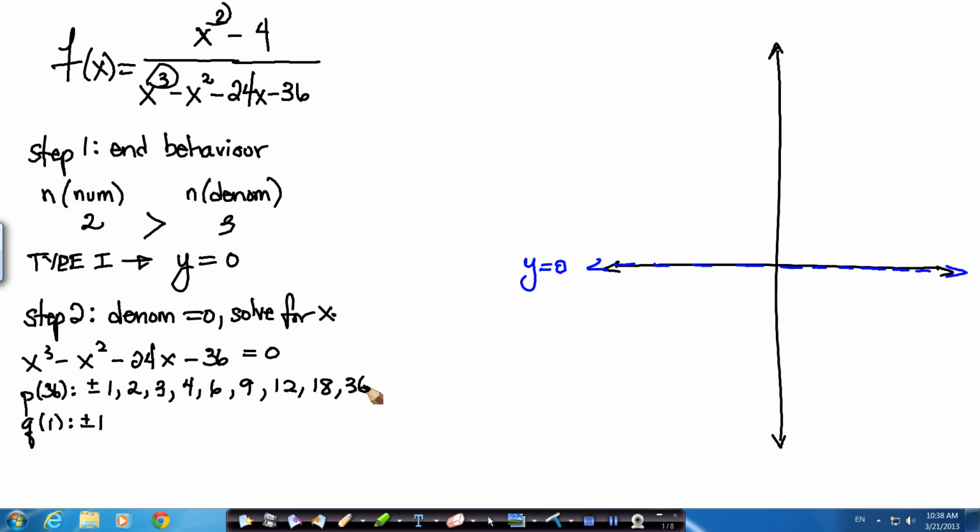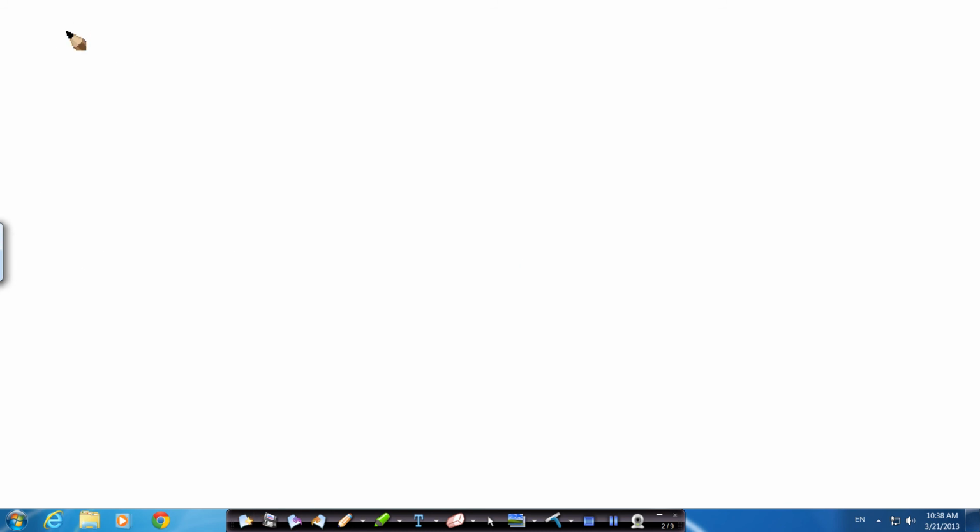So let's start this on a new page here. Let's do our synthetic division. Okay, so what was our function? Our function was f of x equals x cubed minus x squared minus 24x minus 36.